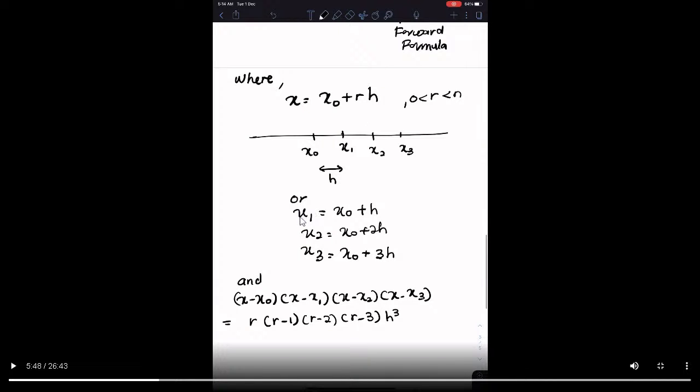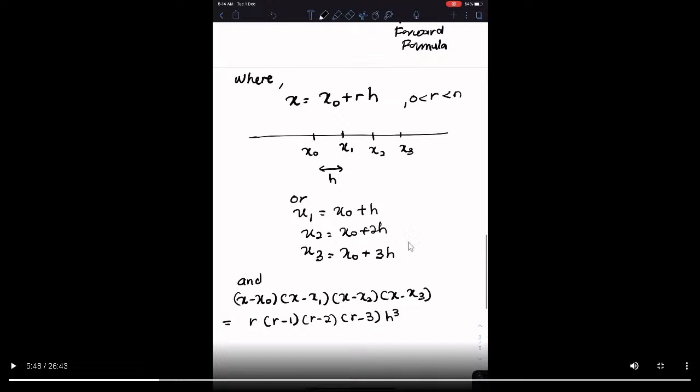For example, x1 is x naught plus 1h, x2 is x naught plus 2h, x3 is x naught plus 3h. h is the size of the interval between x naught, x1, x2 and x3. This is similar, and we call it a uniform data set.